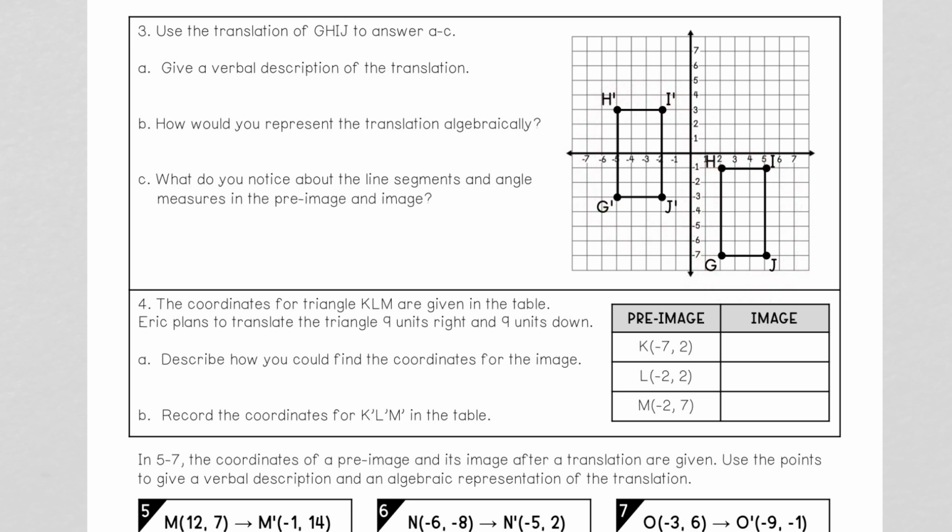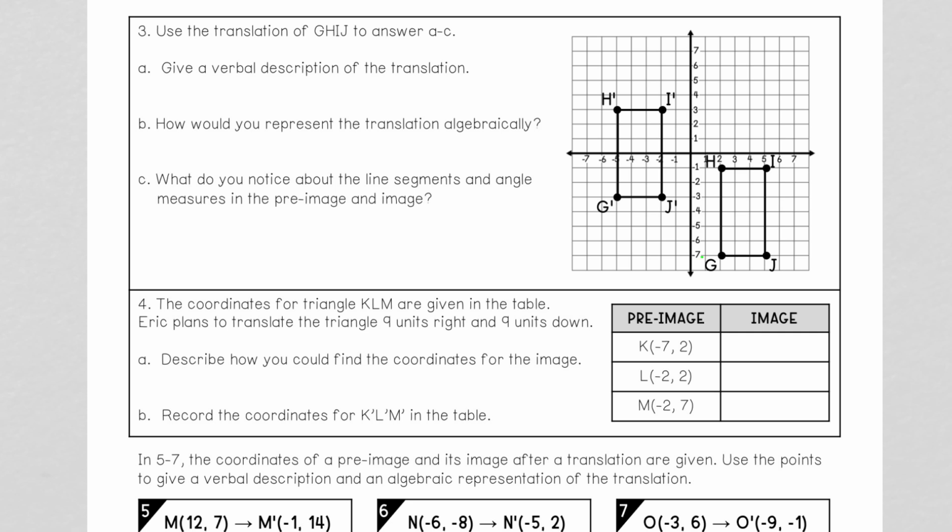And we know that because this image has the tick marks or the apostrophes, which indicate the prime points, which means the translated points. All right, so let's take a look at the movement. So GHIJ, we'll just look at G to see where it moves, and everything else should move the same amount in order to preserve congruency.